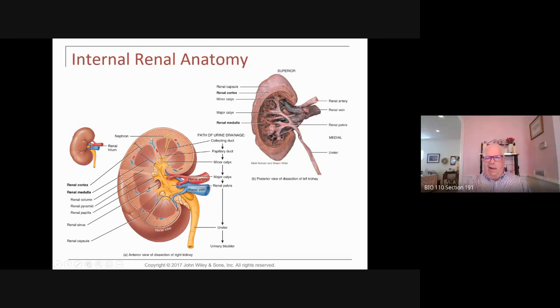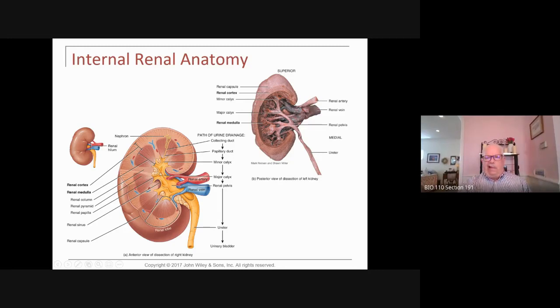So the outer layer is called the cortex, the inner layer is called the medulla. Here's the hilum. Here's your renal artery, your renal vein, and here is your ureter.